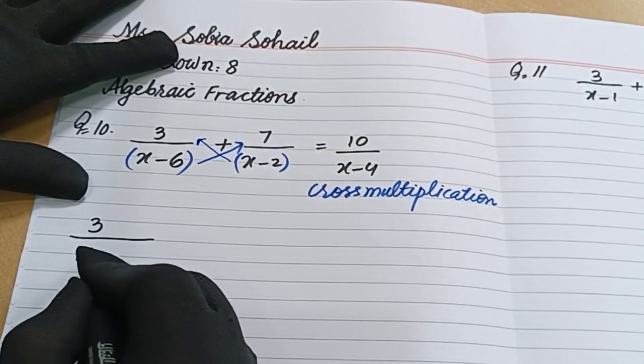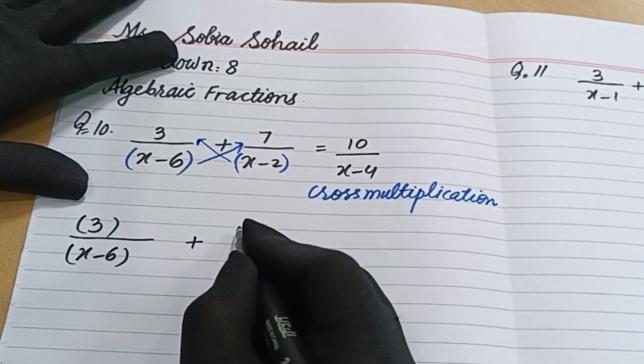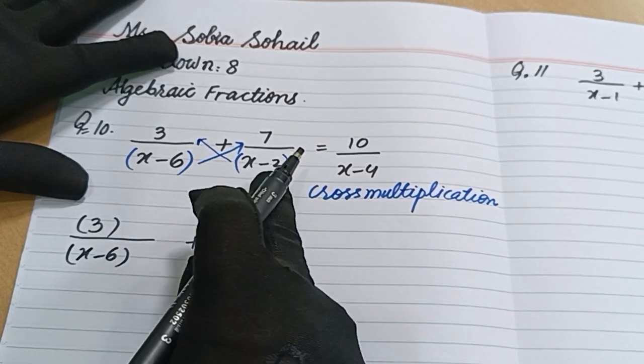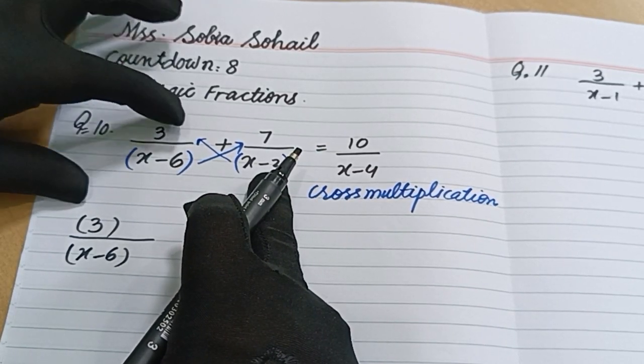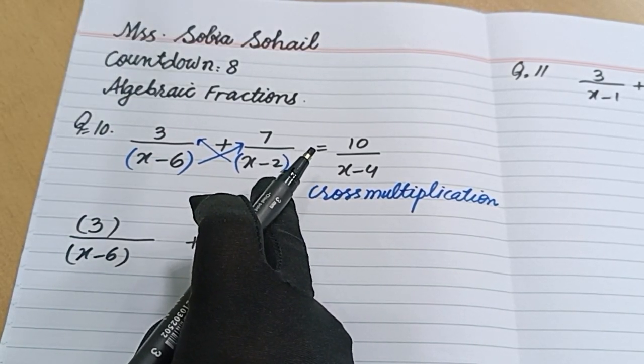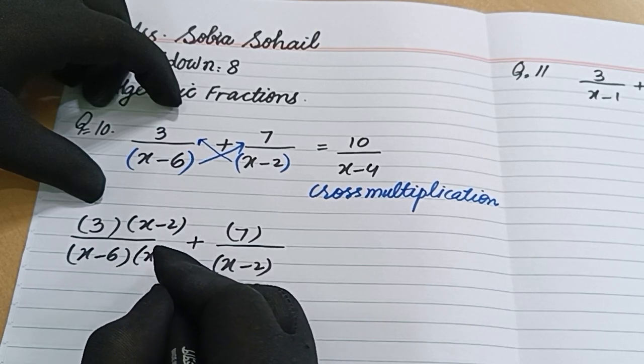3 over x minus 6 with the brackets. Keep the space. 7 over x minus 2 with the brackets. Now this denominator, we said that multiply up and down over this fraction. To make the denominator common, we are multiplying x minus 2 up and x minus 2 down.